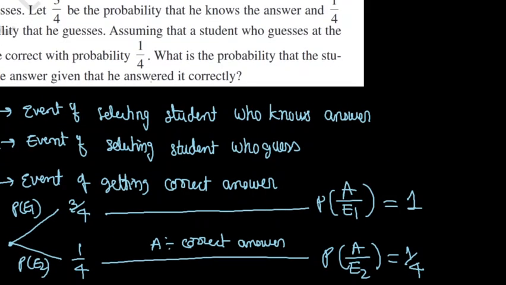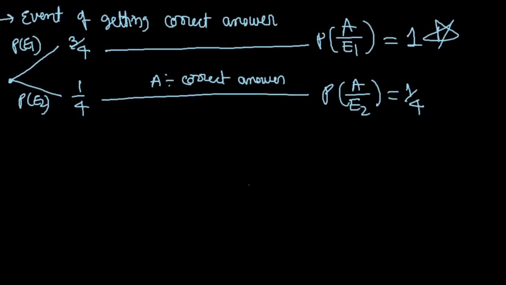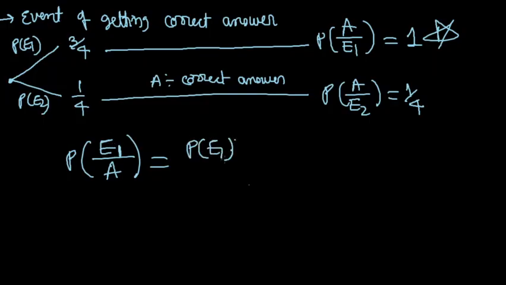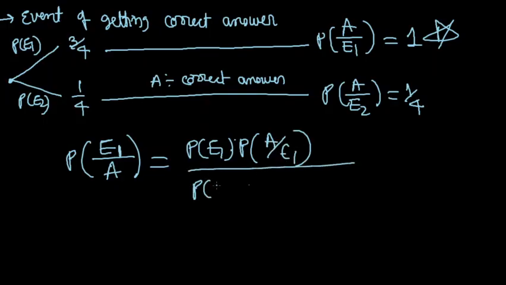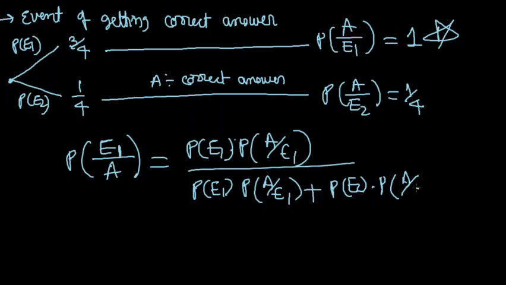Next, what is the probability that the student knows the answer given that he answered it correctly? The student who knows the answer is E1, given the answer is correct. So this is asking P of E1 by A. According to the Bayes theorem, this is the formula: P of E1 into P of A by E1 divided by P of E1 into P of A by E1 plus P of E2 into P of A by E2.